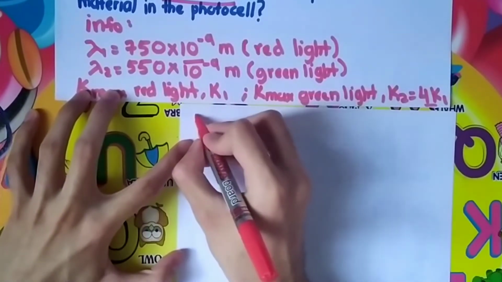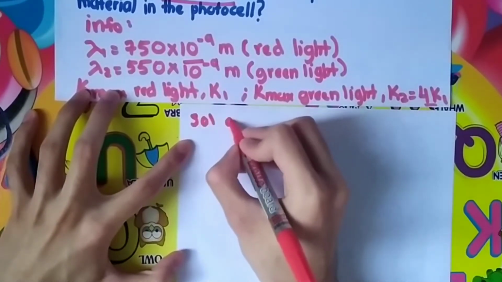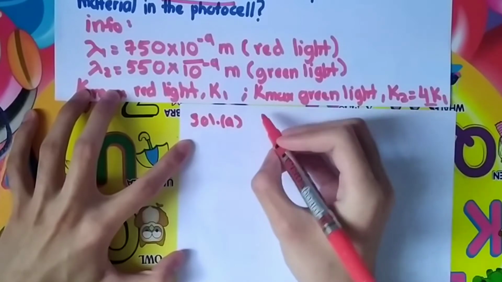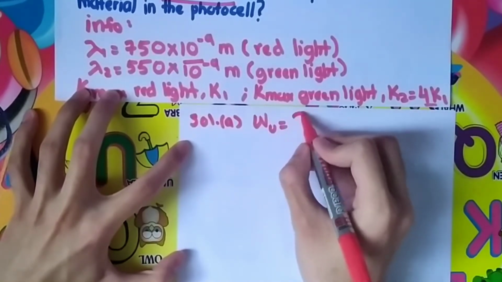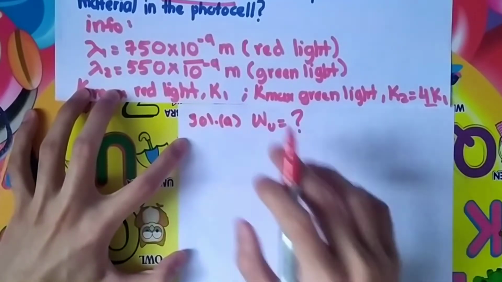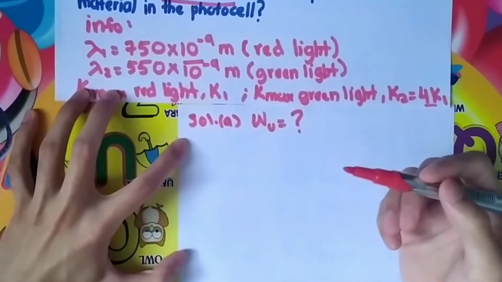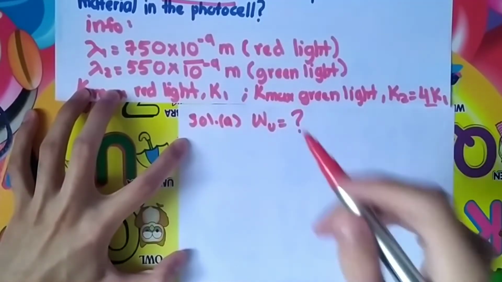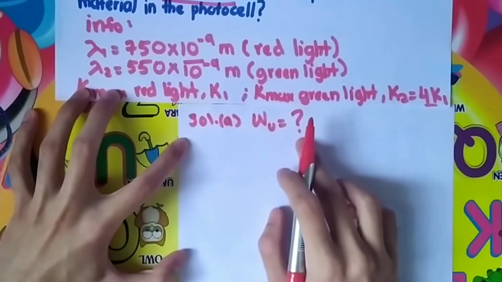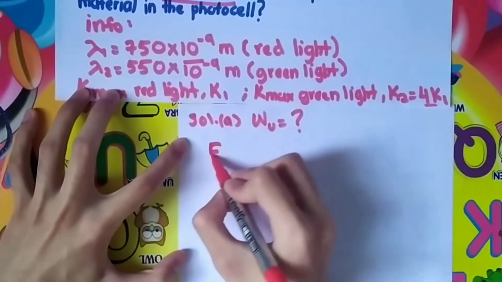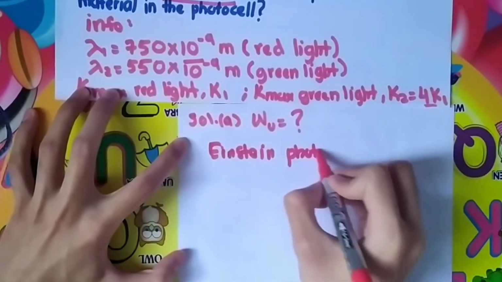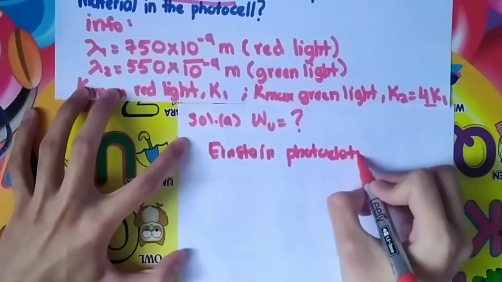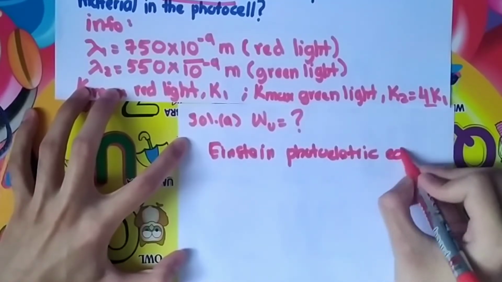These are for solution A. We want to find W naught. To find W naught, we need to use Einstein's photoelectric equation.